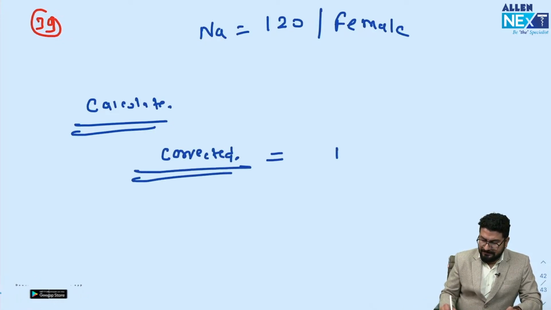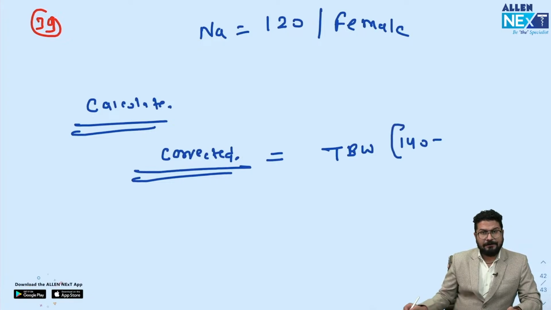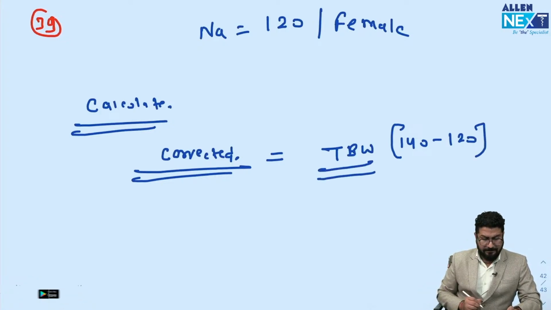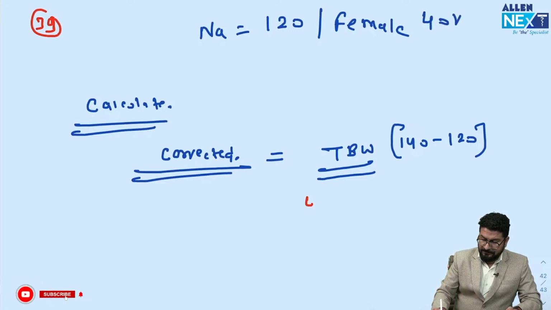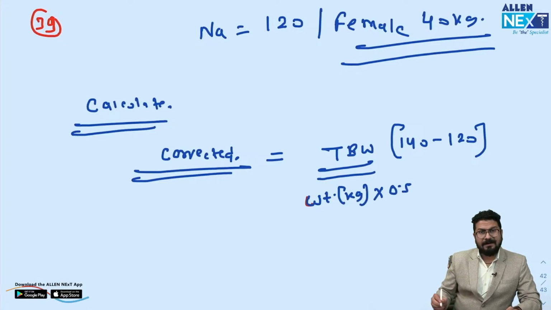We should calculate this by a formula: total body water times 140 minus the given value. 140 is expected, since 135 to 145 averages 140, and how much is given? 120. Total body water you should know how to calculate, and the patient weight should be there. Weight was given as 40 kg. For total body water, the formula is weight in kg multiplied by 0.5 if it's a female, 0.6 if it's a male.